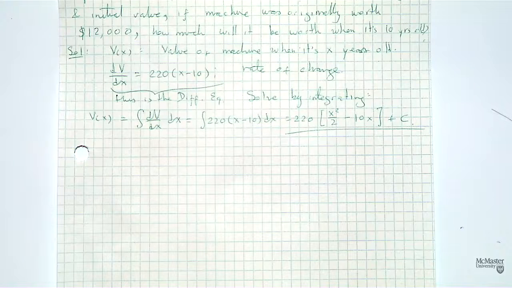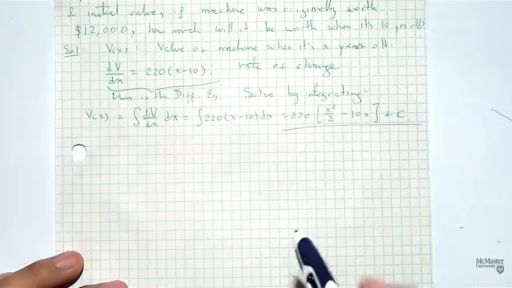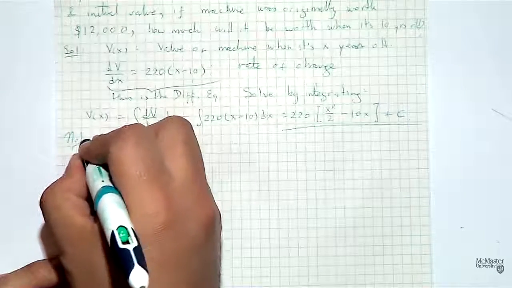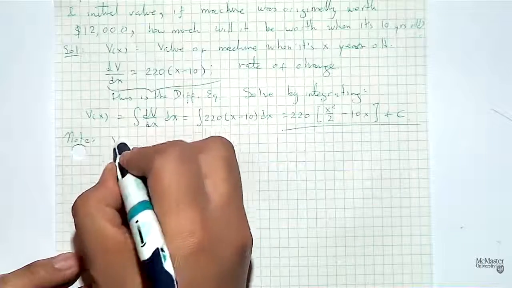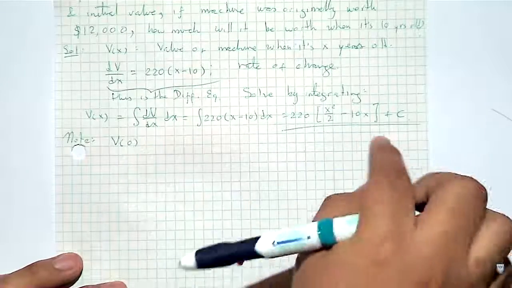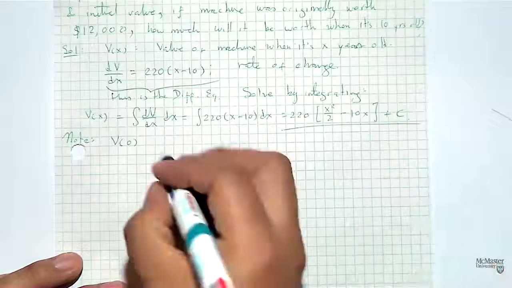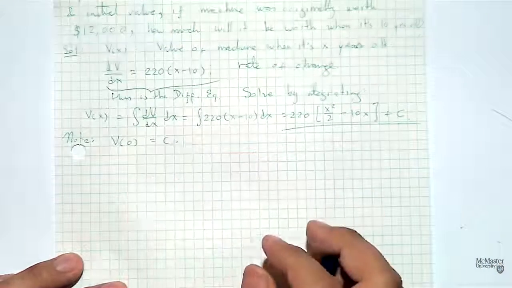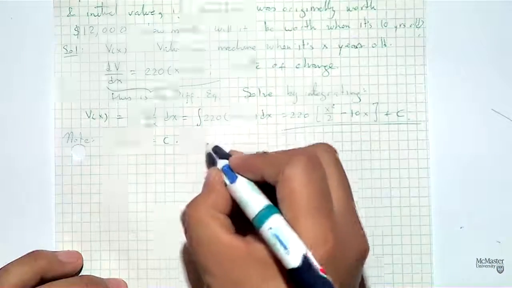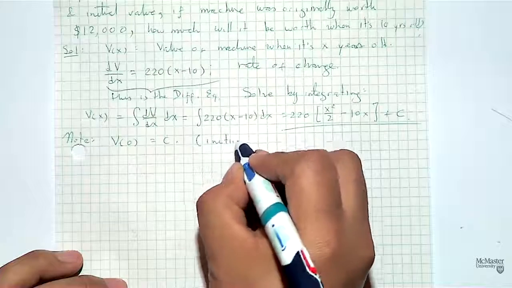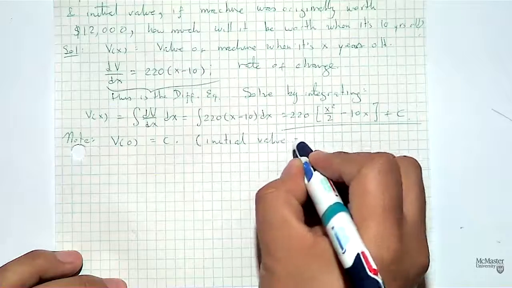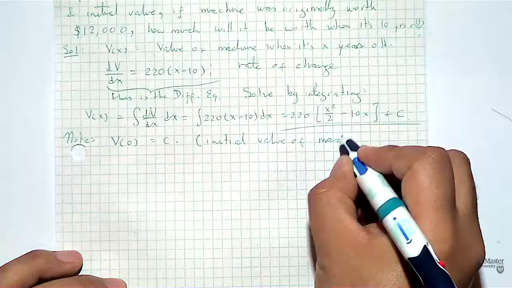Of course, if I want to introduce the particular conditions that I was given before, I will have to determine C. So there is a note that might be helpful for the problem. If you actually evaluate b at 0, this being a polynomial, this whole term vanishes and you have C. So actually C has an interpretation, which is that it is the initial value of the machine.